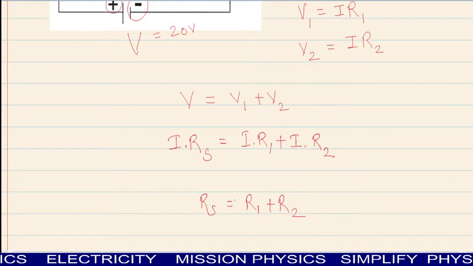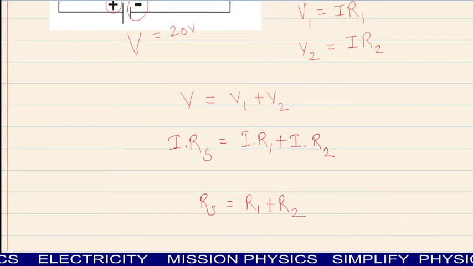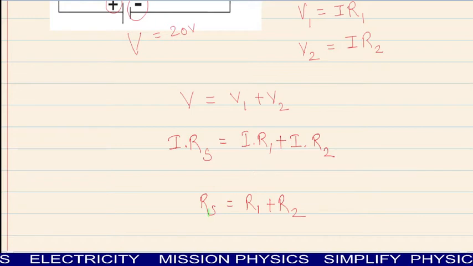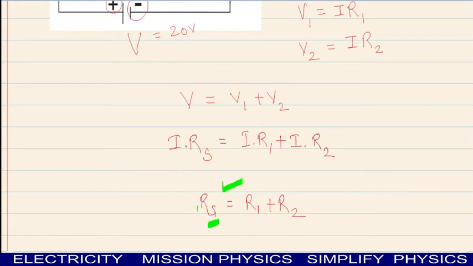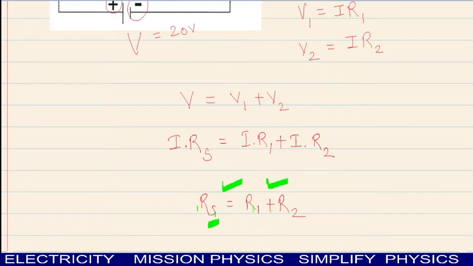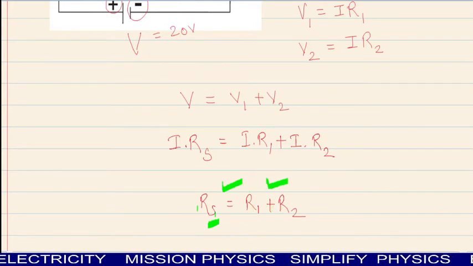So it gives us the verbal form of the combination of resistors in series: series resistance is equal to the sum of the individual resistors.